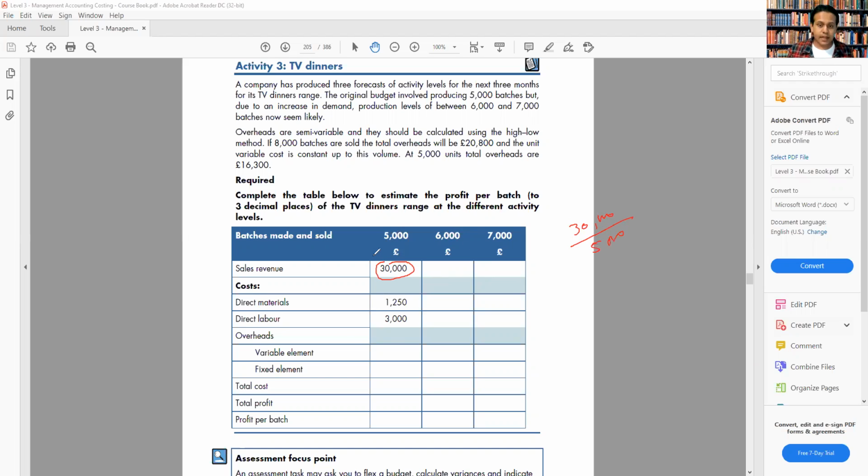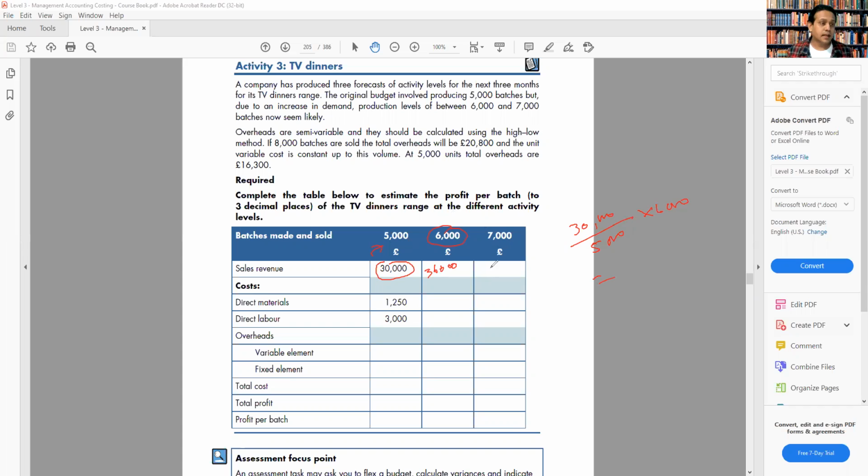If I divide by that, that gives me the selling price per unit. If I multiply by 6,000, that will give me the sales for 6,000. How much is it? 30,000 divided by 5,000 times 6,000 gives me 36,000, isn't it? So 36,000 is the sales.